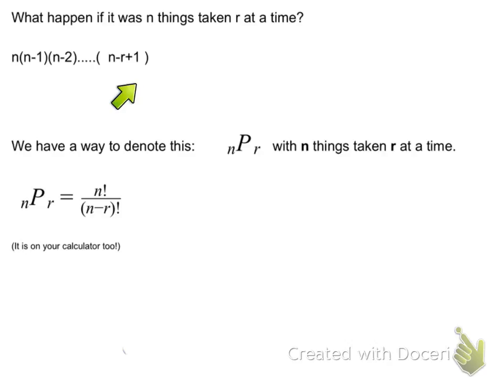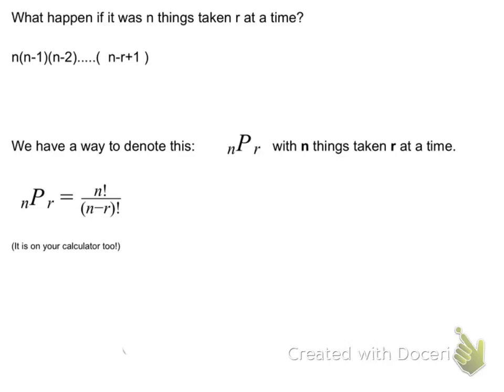It gets to a point where you're taking the rth thing, and that thing, when we're dealing with it in a sequence, is not n minus r. It's always one more than that r value. Or one less, I guess you can say.